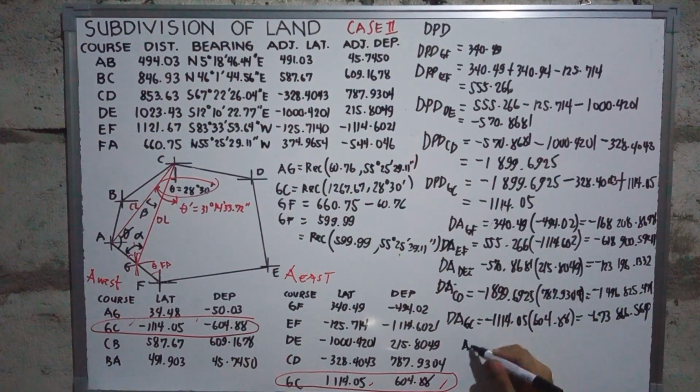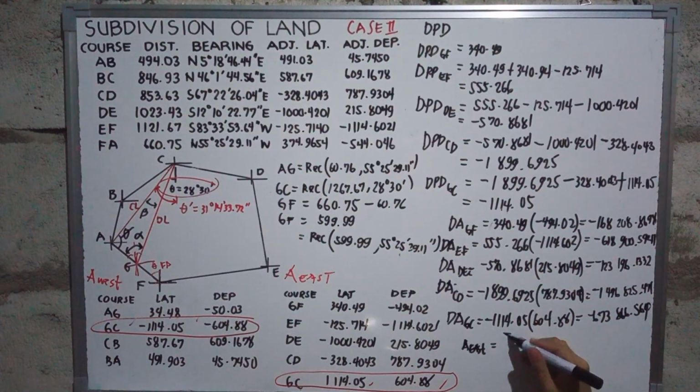So, let's get the value of our area. Area is equal to the summation of the double area divided by 2. We also divide it by 10,000 to get hectares.